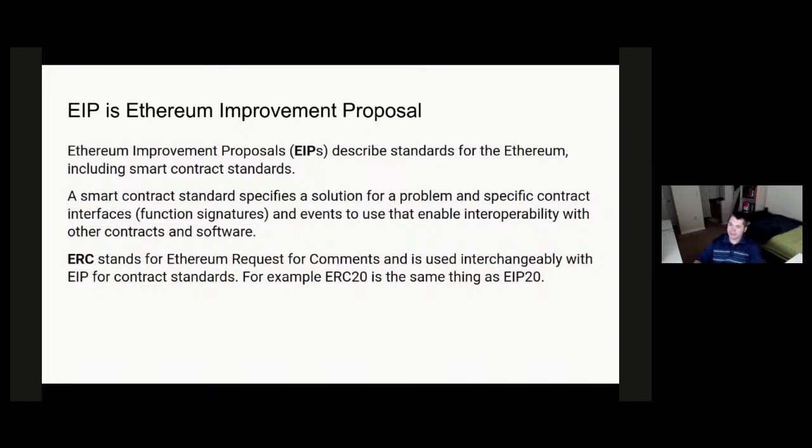When an EIP is written for contracts, it solves a particular problem and then provides specific contract interfaces, which are function signatures and events that are used in solving the problem and that enable interoperability with other contracts and software. Sometimes you see ERC used, like ERC20, ERC721. That's used interchangeably with EIP. So when there's an ERC20, there's also EIP20. It really is referring to the same thing.